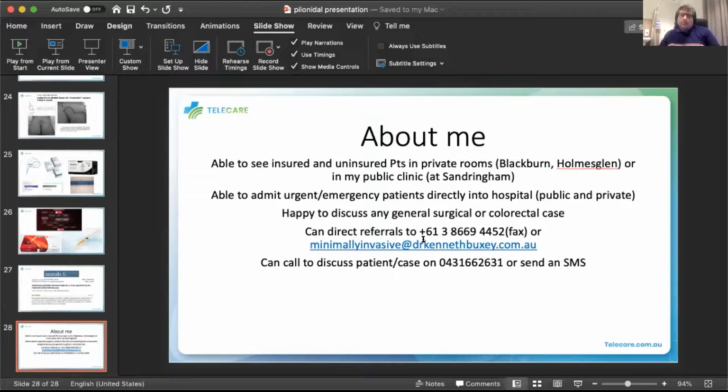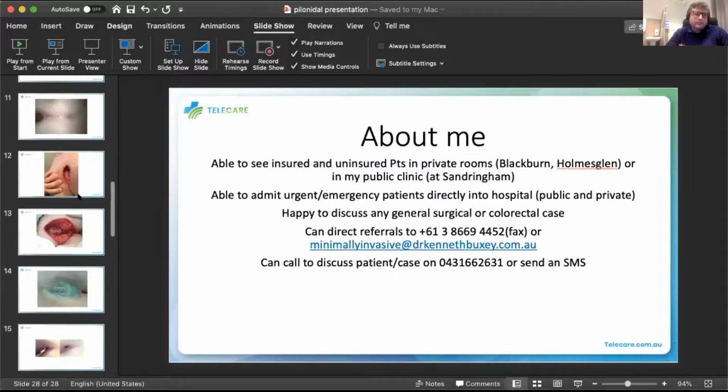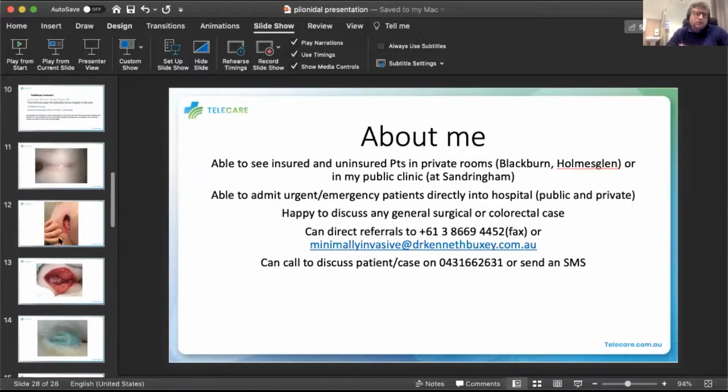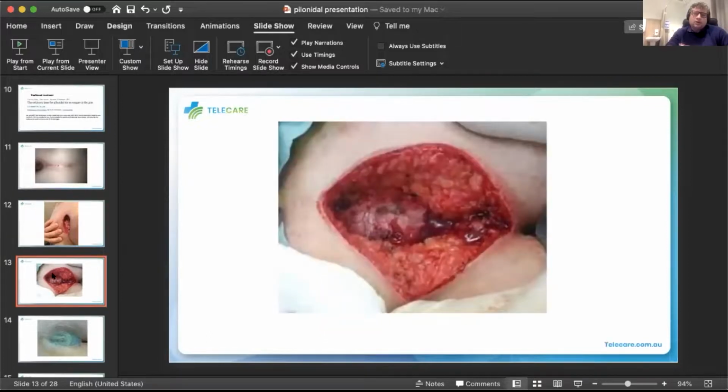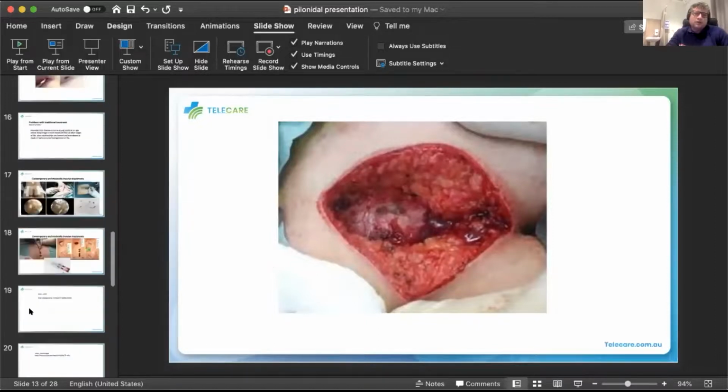If you look at the papers that cover traditional surgery, using recurrence rate as a marker of the success of the operation is probably not the most appropriate marker to use, because if I just go back a few slides, if you do that or that and say that you've got a low recurrence rate, you have to balance that up against the morbidity of what you've done to achieve that.